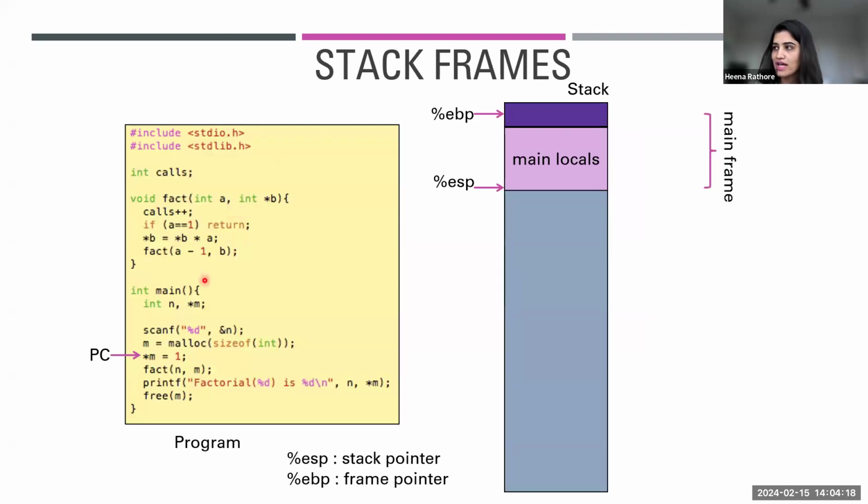We also saw that we have two pointers, termed the base pointer and the stack pointer. Initially, the base pointer and stack pointer are at the same high position, and the stack pointer gets reduced.